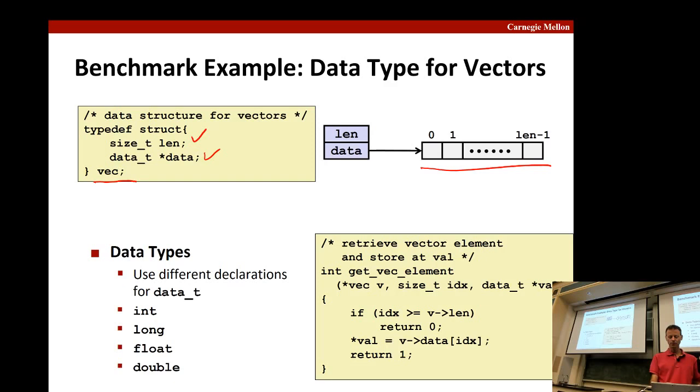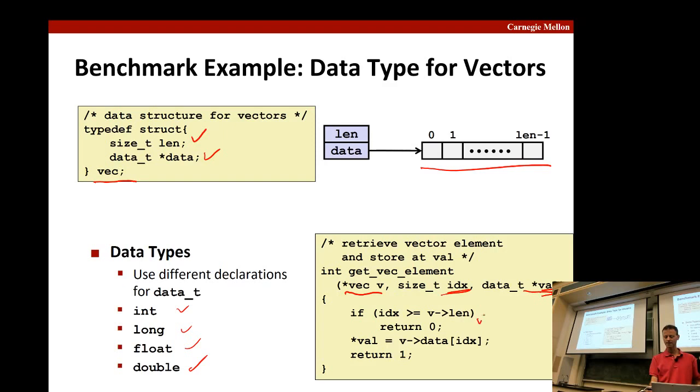You want to use it to hold integer vectors, longs, floats, and doubles. Now you have another function that takes as arguments one of these vectors and an index into that vector, and it stores the value of the vector at that index into a location.